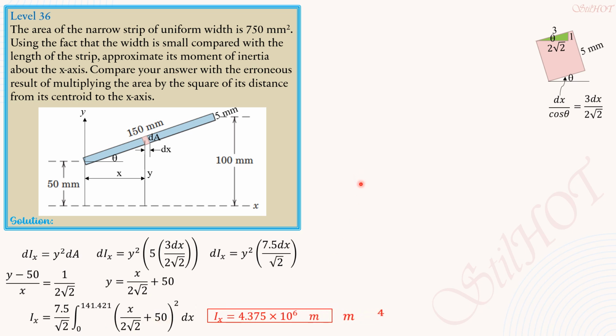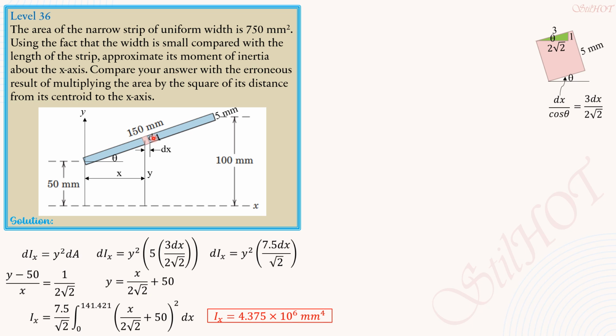So Ix is equal to 4.375 times 10 to the 6 mm to the fourth. Now for the approximate, the erroneous moment of inertia is equal to the square of its distance from its centroid. The centroid of this strip from the x-axis is 50 plus 100 divided by 2, so 75 mm.